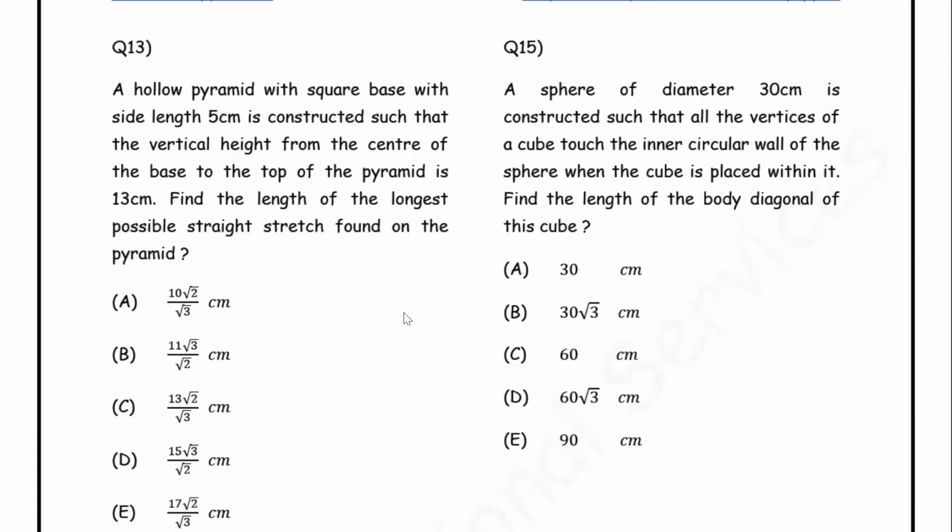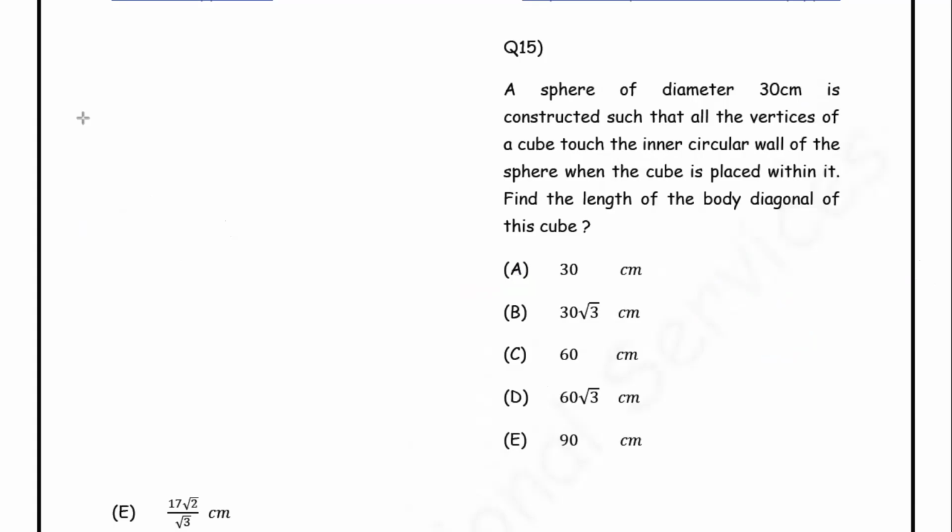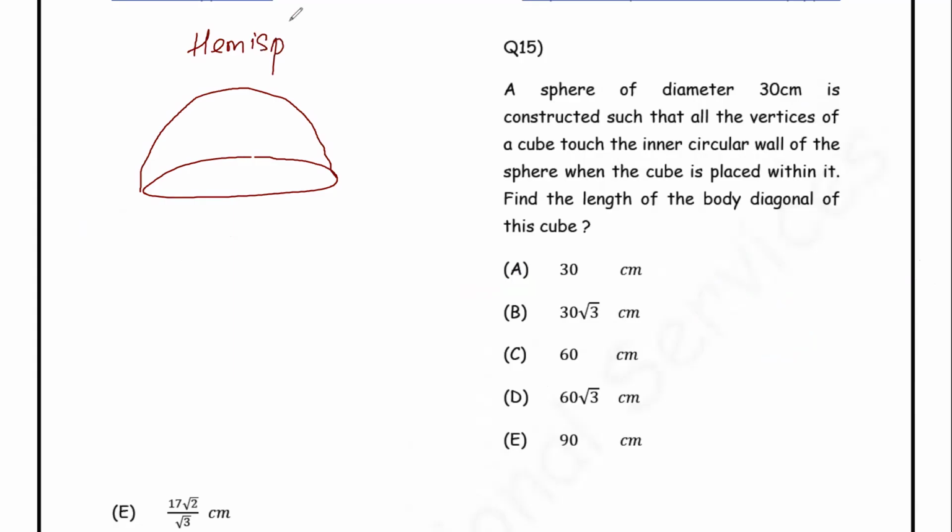Okay, one last question I'll ask about the hemisphere, and then we'll wind up. So consider a hemisphere. And within the hemisphere, there is a right circular cone drawn.